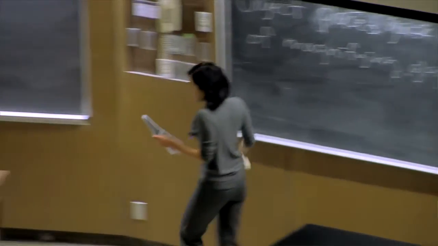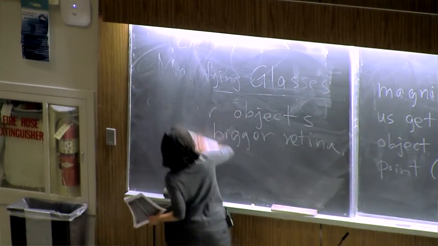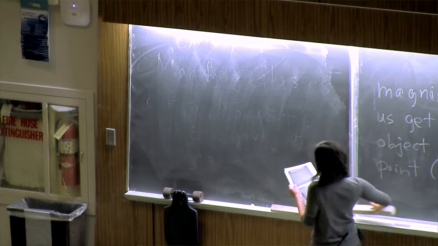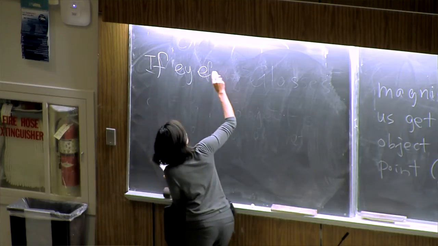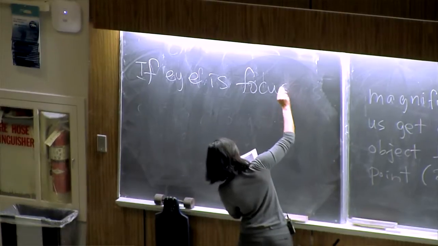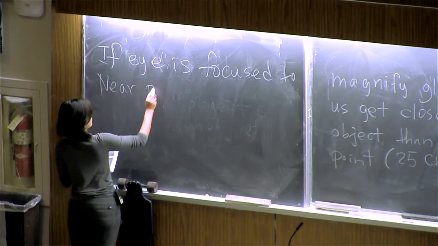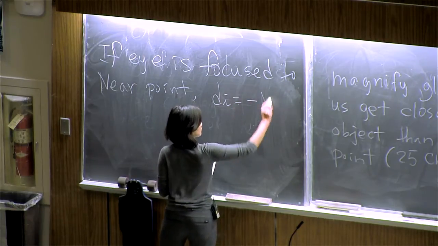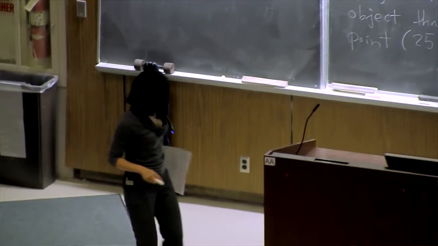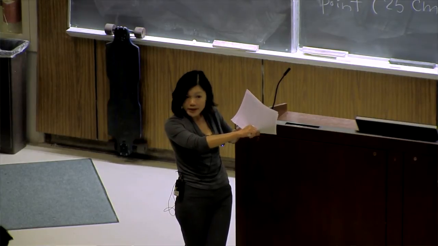So if the eye is, let's see, focused to the near point, that tells us the image will be at minus n. Right, d sub i will be at minus n.